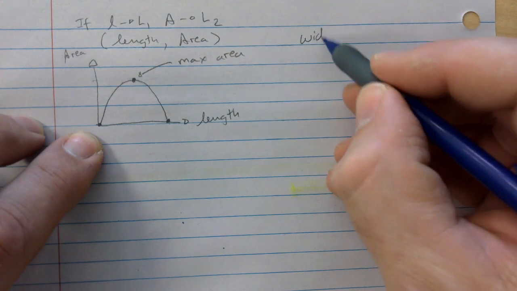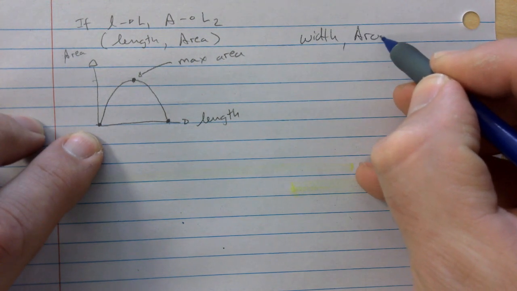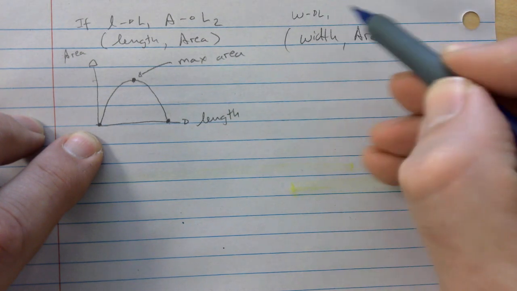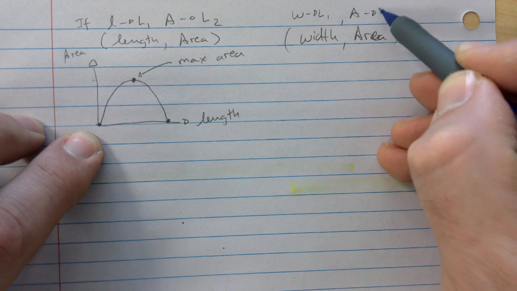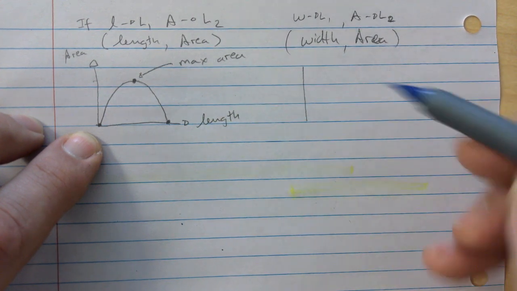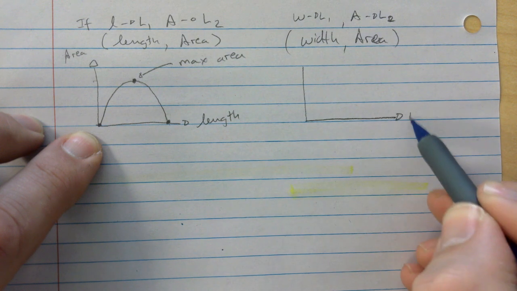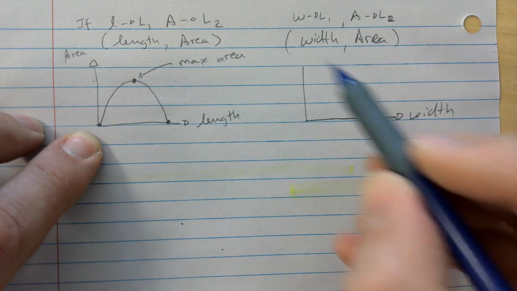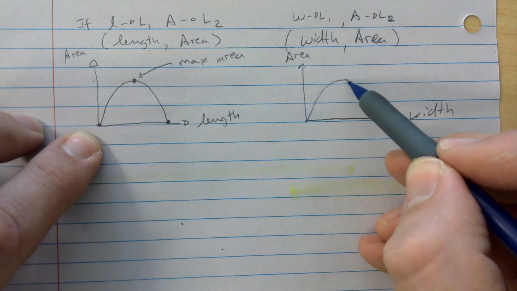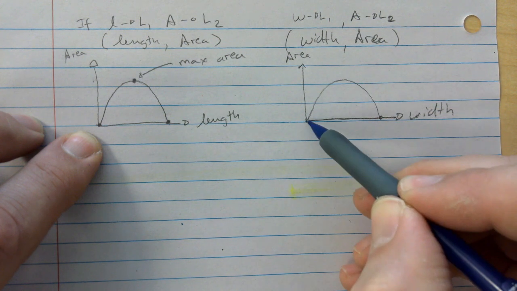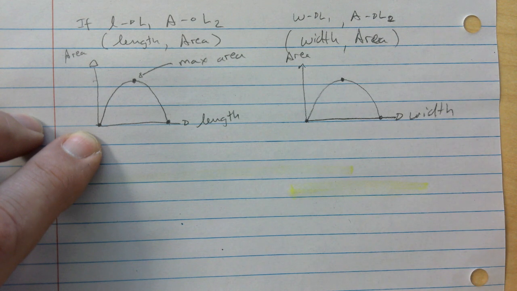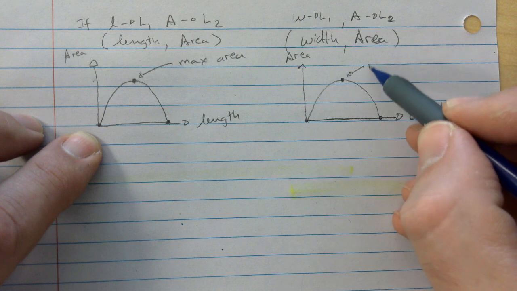If you have width and area, where width goes into L1 and area goes into L2, then your graph will just be width, area. It will probably look different, but it will also be a parabola. It might be shallower or narrower. It's still the max area.